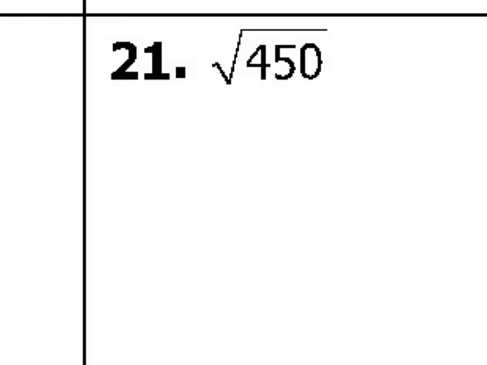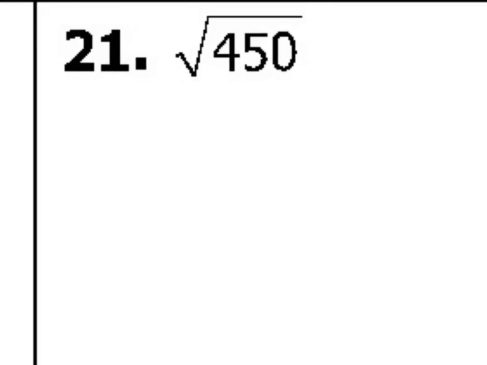And let's try 450. All right, so we're gonna go 5 times 90, and I'm always dividing by prime numbers, okay? 2, 3, 5, 7. 5 will go into 90, 18 times, and then 18 is 2 times 9, and 9 is 3 times 3.